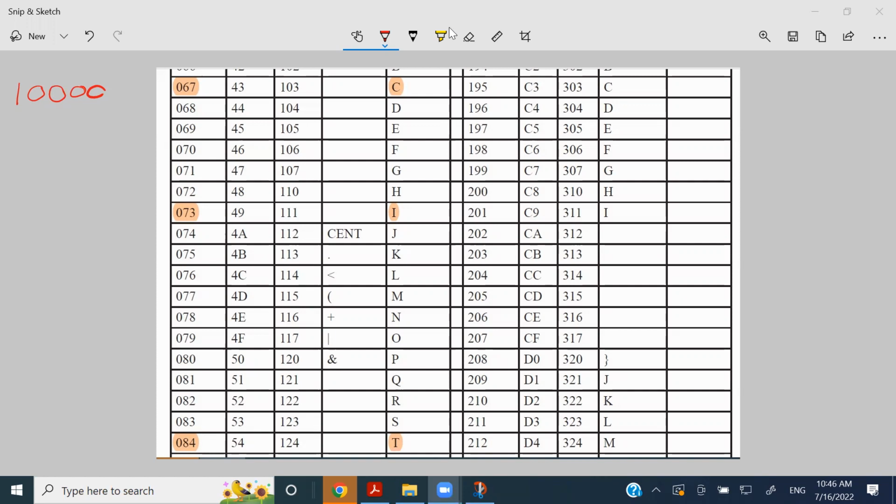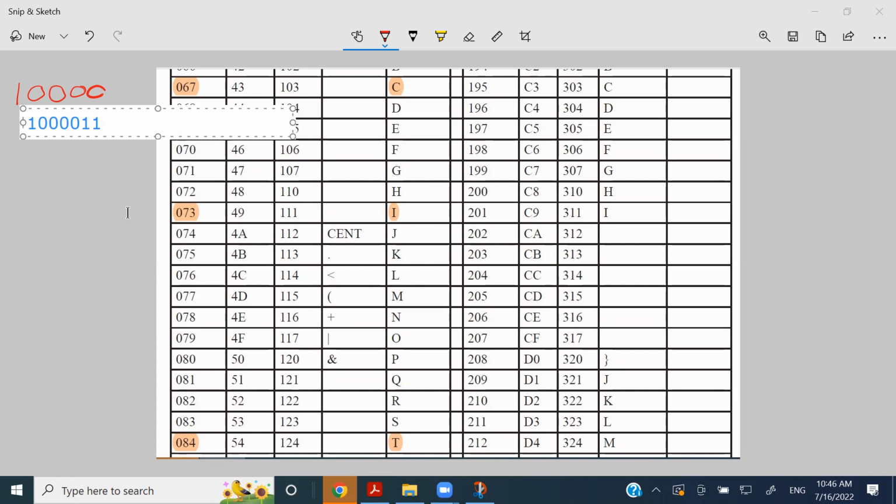Yes, Situpa, I think you have taken it as a Unicode. I'm asking you to write it as an ASCII code. ASCII is just having 7 bits, right? So we can write 67 in this manner, 1000011, right?